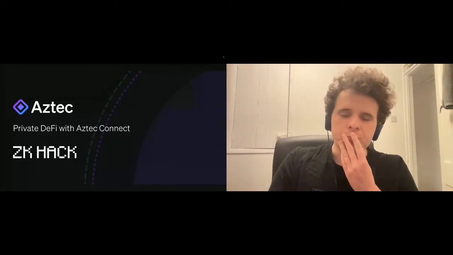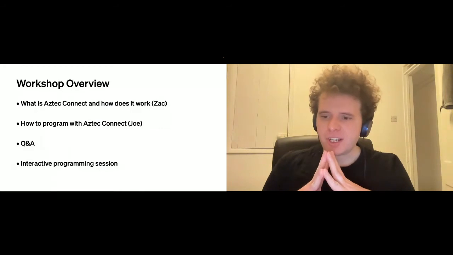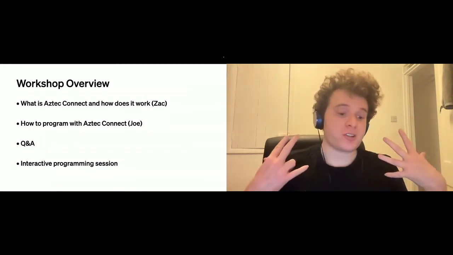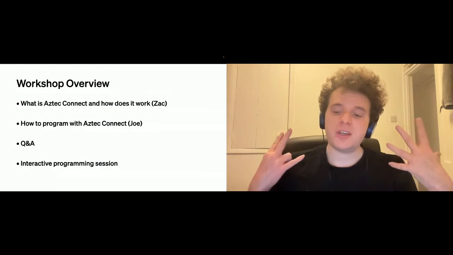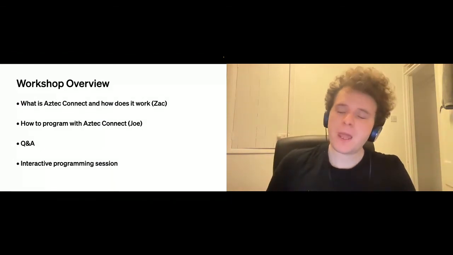So this might be a little bit of a higher level workshop than some of the other ones, because Aztec is all about how we interact with layer 1 smart contracts from a layer 2 in a privacy preserving way.